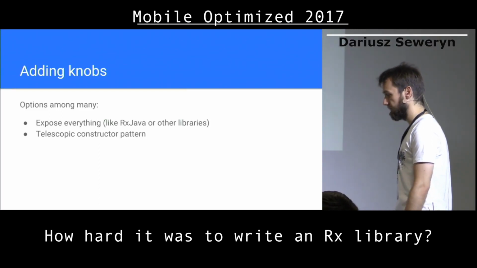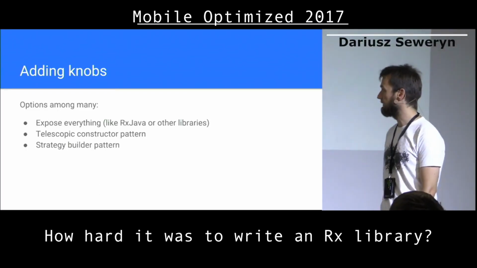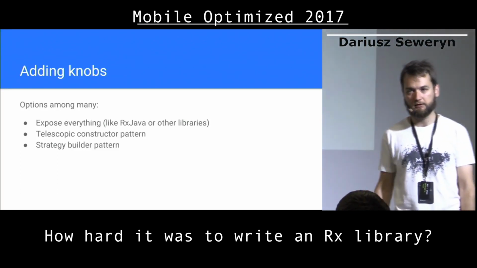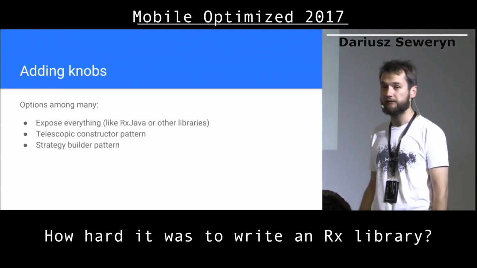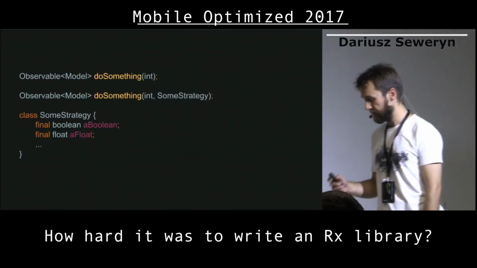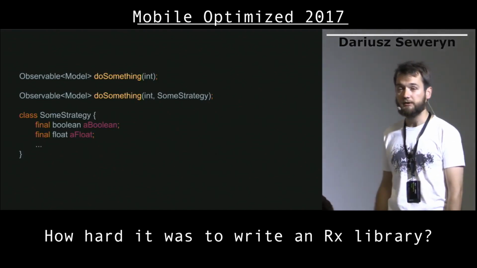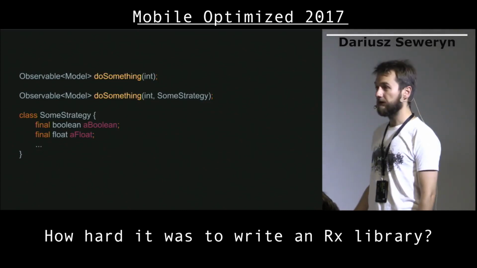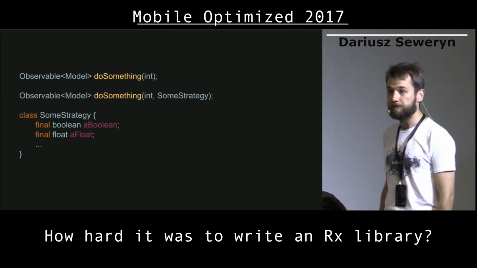Okay, and there are even more patterns. What apparently worked best for the Bluetooth communication was a strategy builder pattern. So we would have a simple method that would be suitable for most of the users, and a version that would use a strategy.